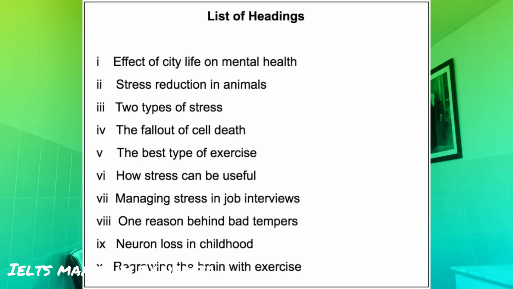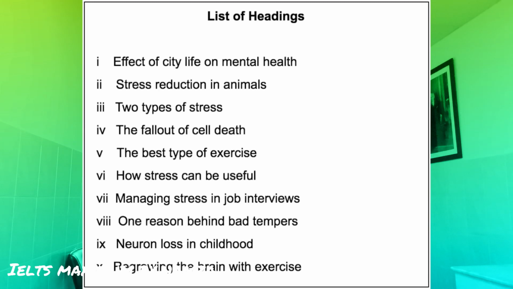It reads as effect of city life on mental health. You can call it a loophole in the reading module of IELTS, that they cannot talk about mental health in any of the paragraphs of your reading passage except the one which is your answer. I am going to repeat these words: you need to focus on mental health.